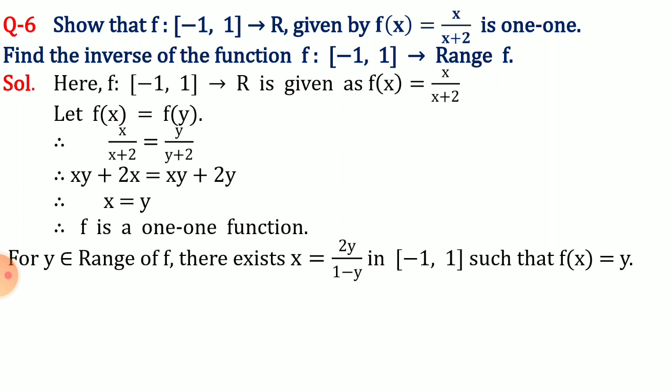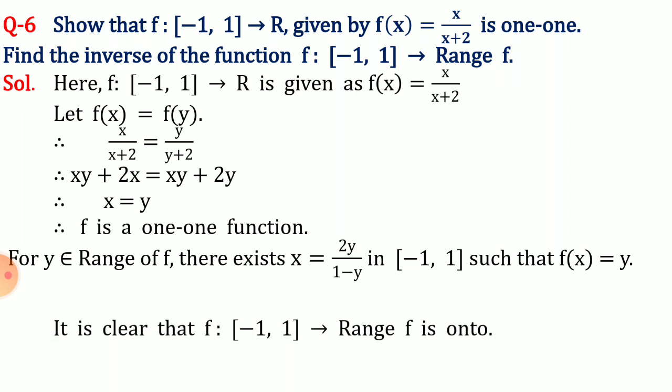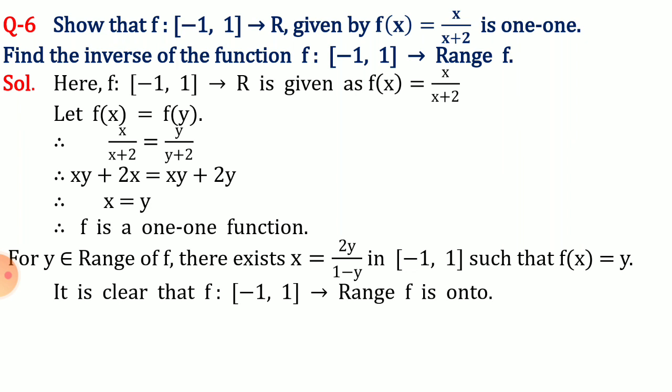So f of x is equal to 2y upon 1 minus y, upon 2y upon 1 minus y plus 2. Here 1 minus y upon 1 minus y cancels out, so f of x is equal to y. So it is clear that f from minus 1 to 1 to range of f is an onto function.